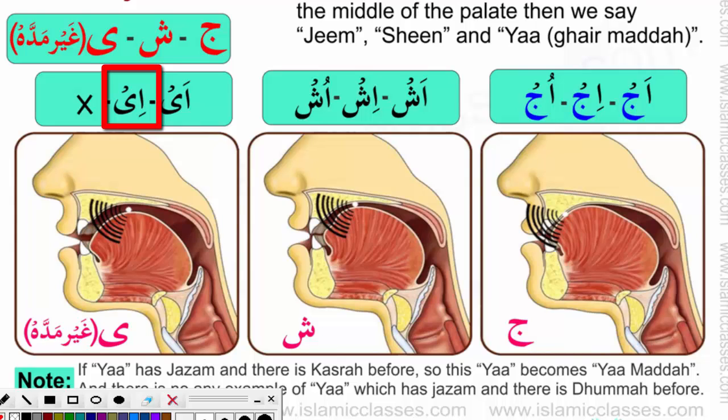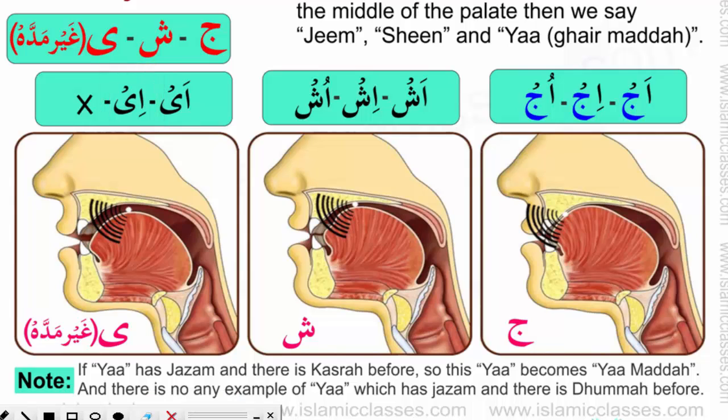We are just saying e. So that is different. So this is maddah ya. When we pronounce this maddah ya, we cannot say that ya from this makhraj, because the ya maddah makhraj is different, and inshallah in the next makharij I will tell you. But keep in mind, this ya maddah is not a letter which comes from this makhraj.